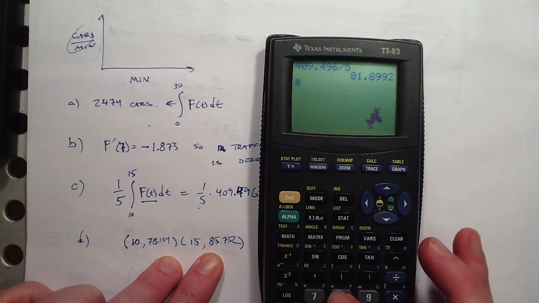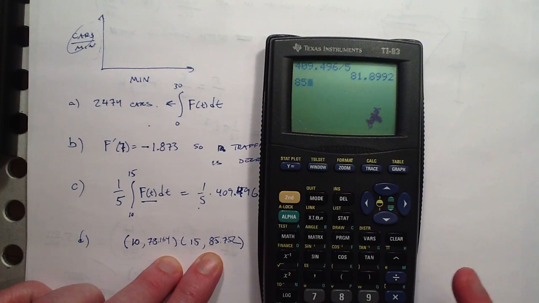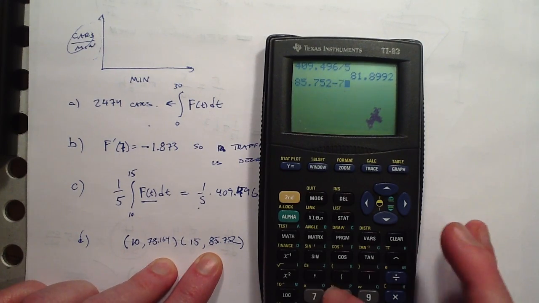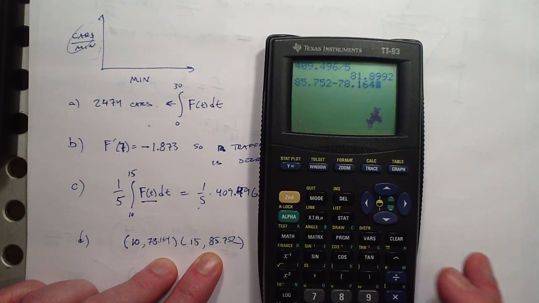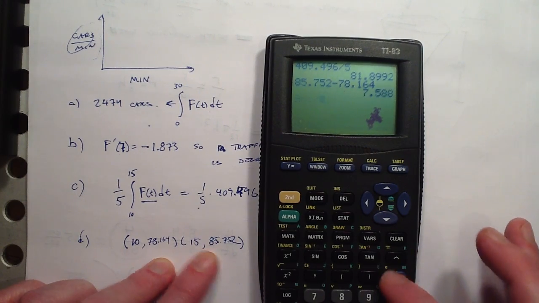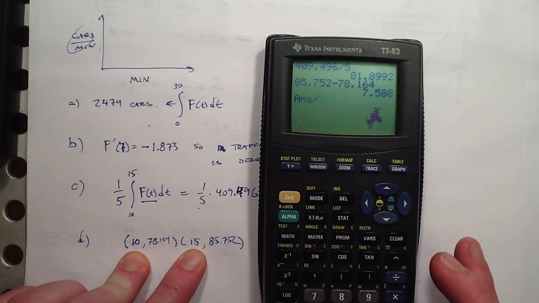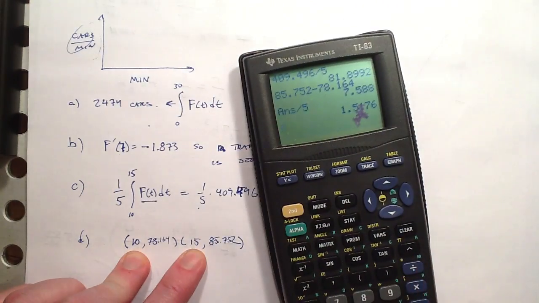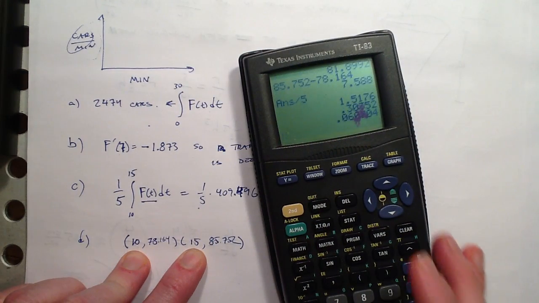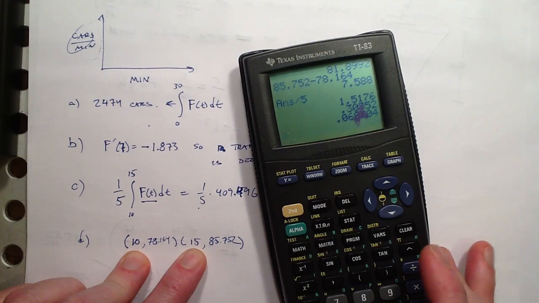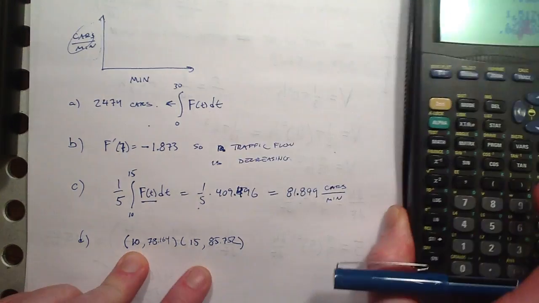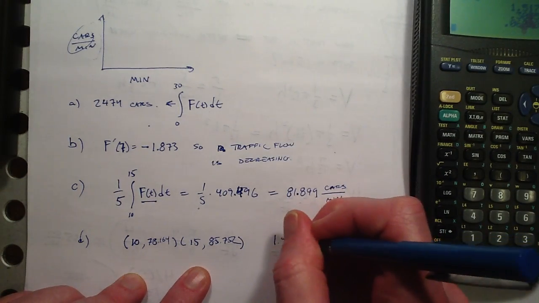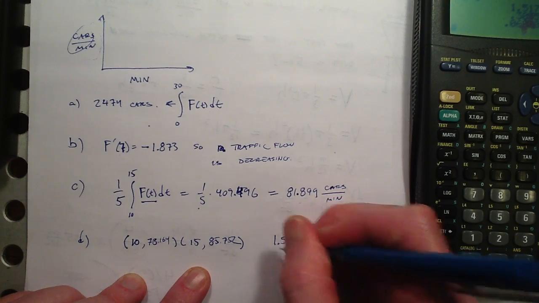So that's 85.752 minus 78.164 divided by 15 minus 10, which is 5. It looks like 1.517, 1.518 actually, sorry. 1.518.